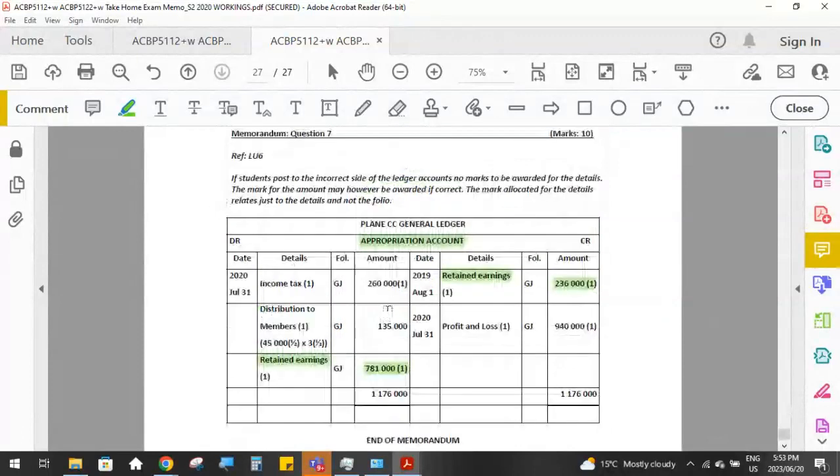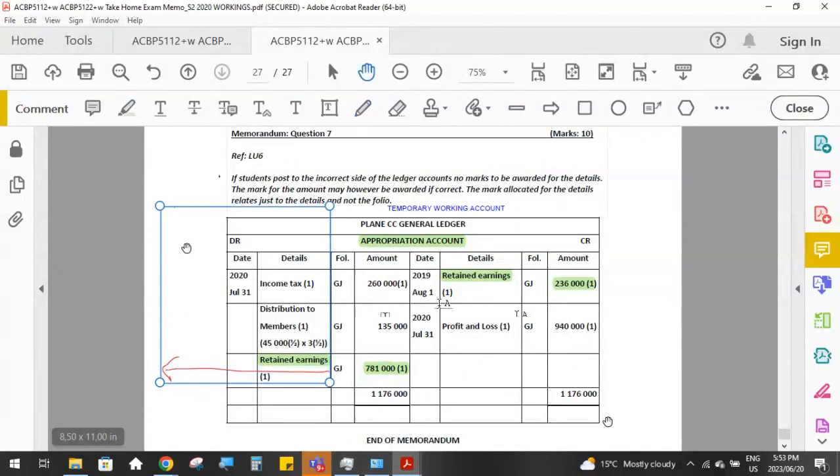So once again, we are using this appropriations account only as a temporary working account that allows us to do this accumulation of the profits, payment of the distributions, and then working out how much profit we've got left, and then that goes back to the retained earnings account until the end of the next year.